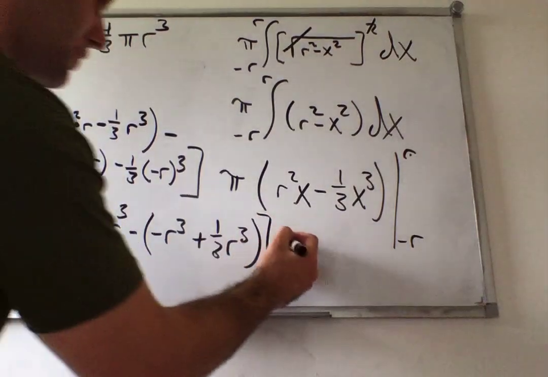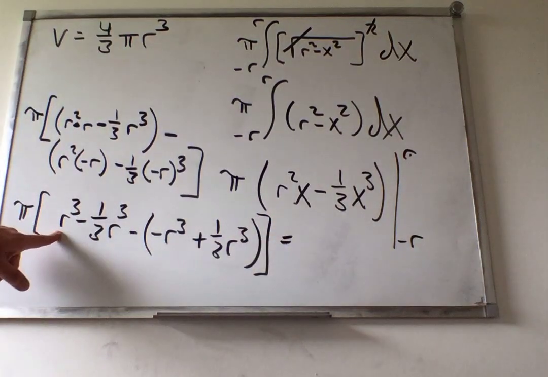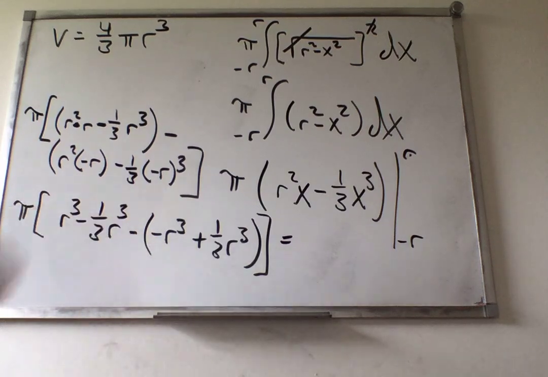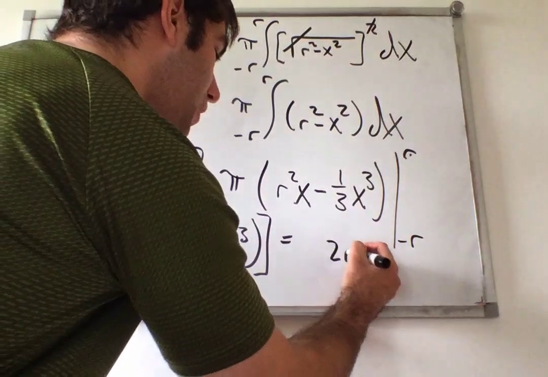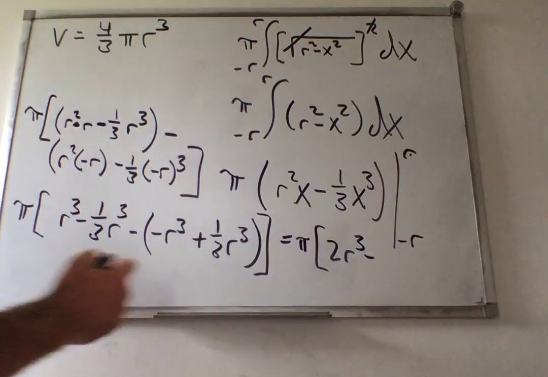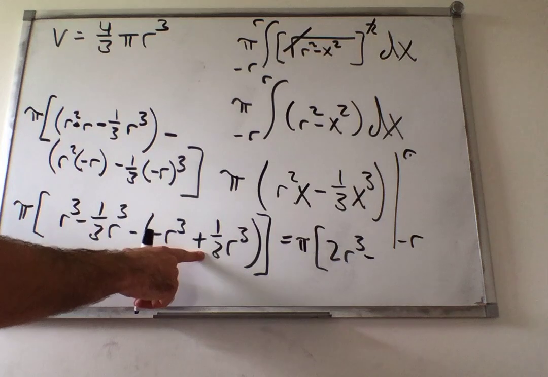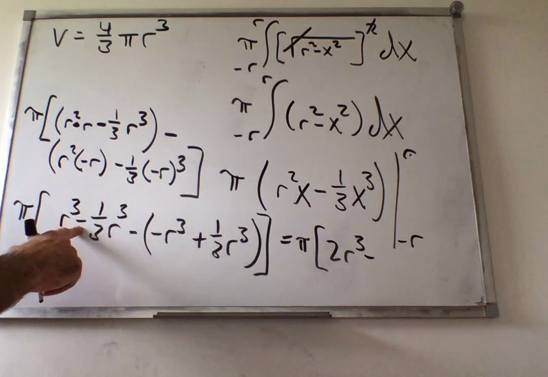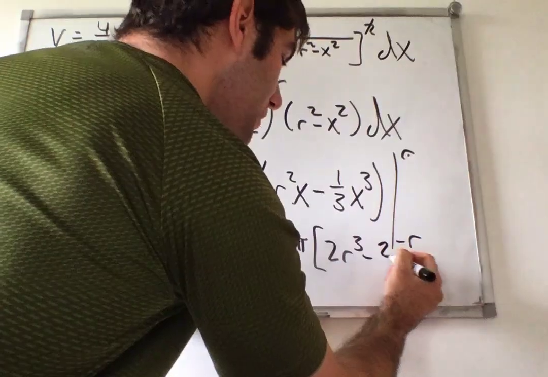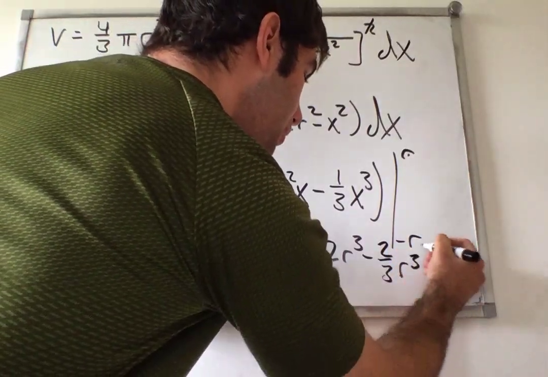Well, then let's see what's going on in here. r cubed minus a negative is plus, so r cubed plus r cubed is 2r cubed. We still got the pi out front. Minus negative, that makes that a minus. So negative 1/3 r cubed minus 1/3 r cubed is minus 2/3 r cubed.